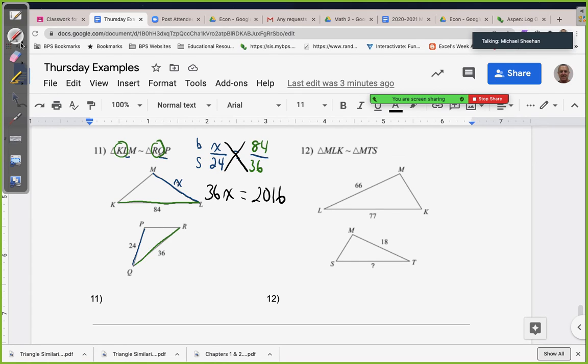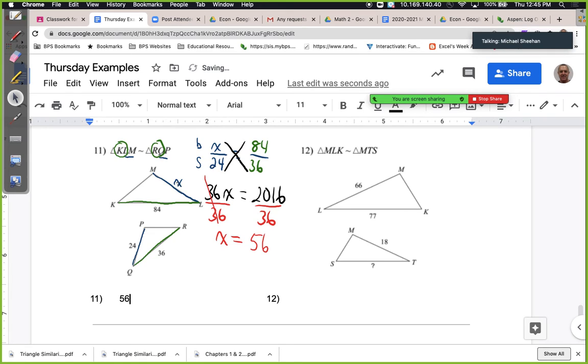Now all I've got to do is divide by 36. 36x divided by 36 is just x. And 2016 divided by 36 is 56. So x equals 56. Type it in, and we're good.